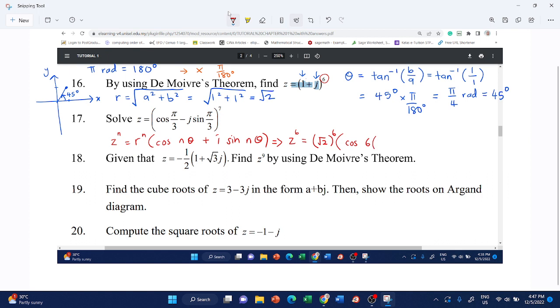Let's say I'm choosing degree, so I have 6 times 45 degrees, plus j sine 6 times 45 degrees. Then we close the brackets.